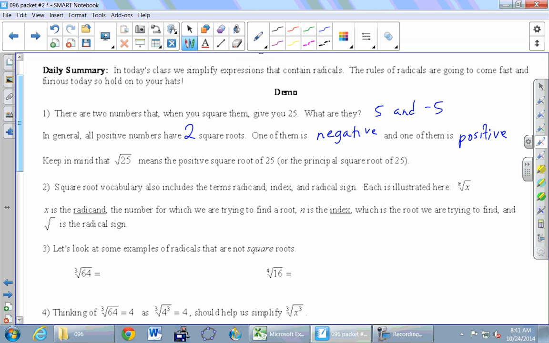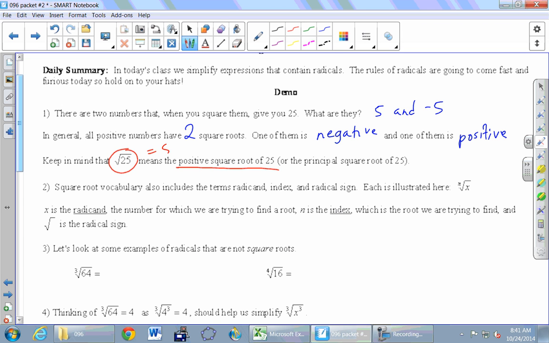Now, there's an important distinction between me asking you to find all the numbers that when you square them, you get 25, and me asking you to find the value of this symbol. So we've seen this symbol many times in other classes. That's called the square root of 25, and the square root of 25, according to that symbol, is the positive square root of 25.